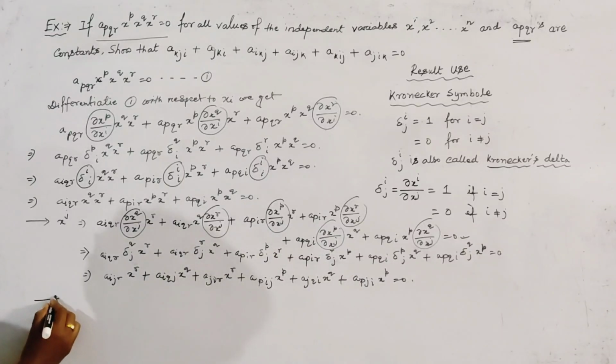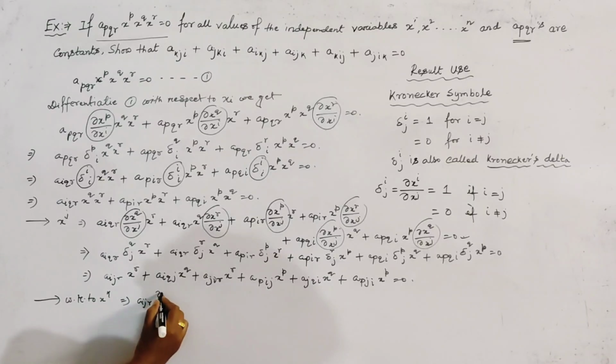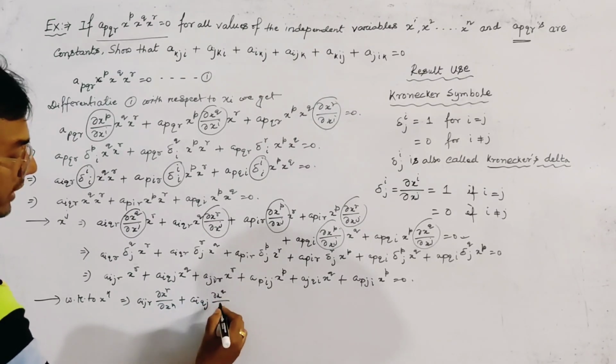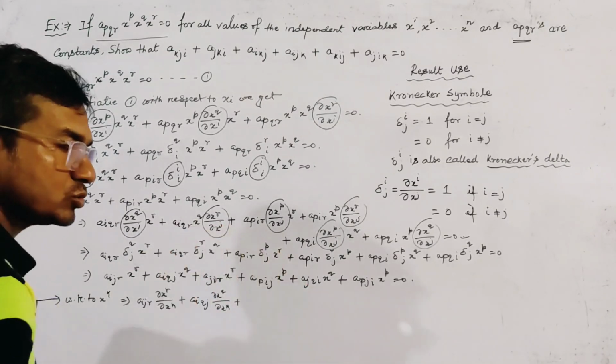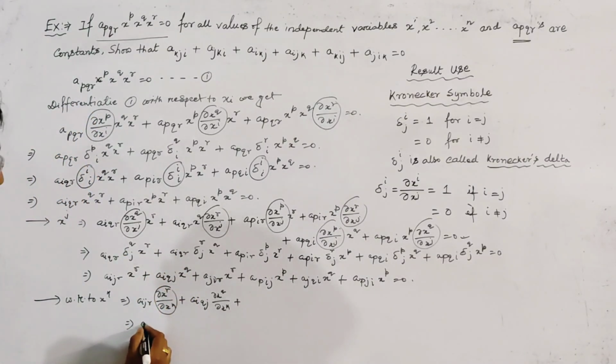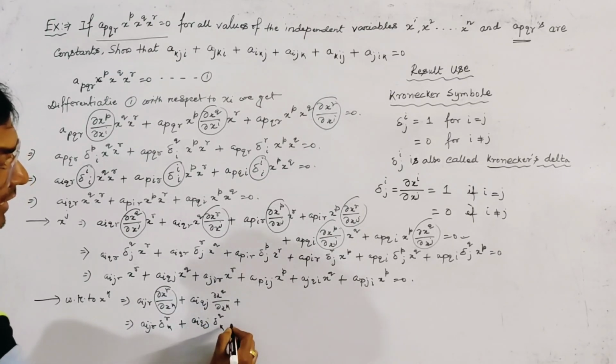Now we again differentiate this relation with respect to xk, and get the result a^{IJR} del xr by del xk plus a^{IQJ} del xq by del xk, and so on. We also put these values as a^{IJR} delta_rk, and the second term a^{IQJ} delta_qk, and so on.